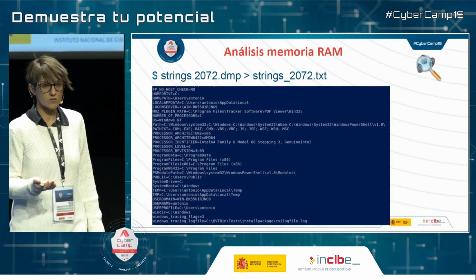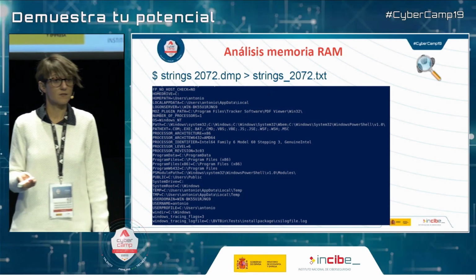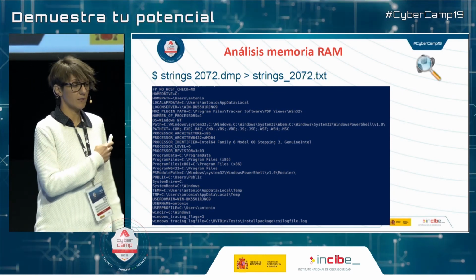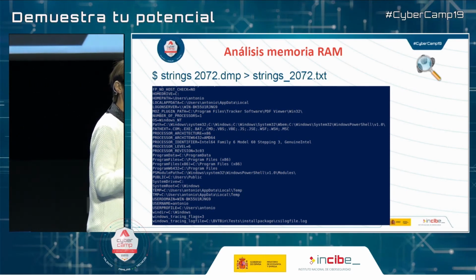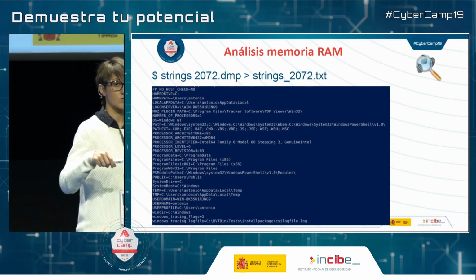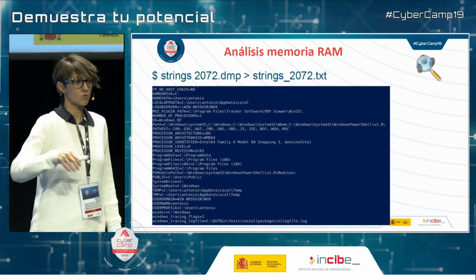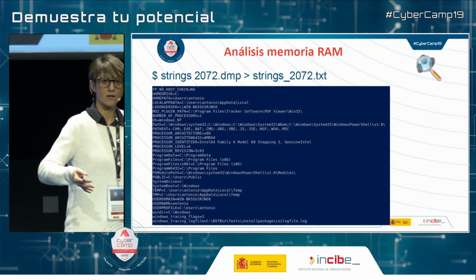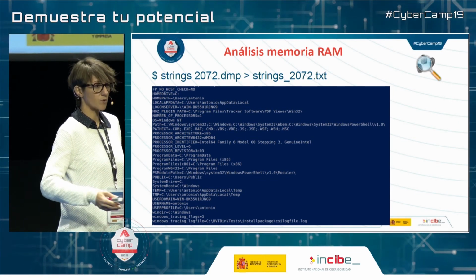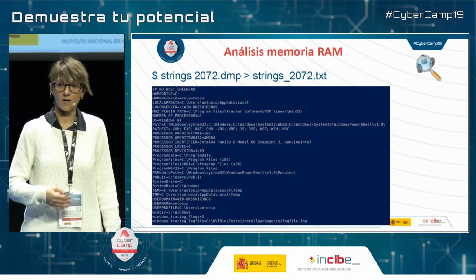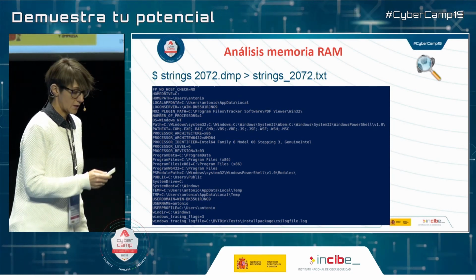What else can we analyze? We can also calculate the strings. We can get the strings from the 2072 RAM dump, and we can do a grep to get the strings that we're looking for, to get more IPs, more routers in the system, or whatever.